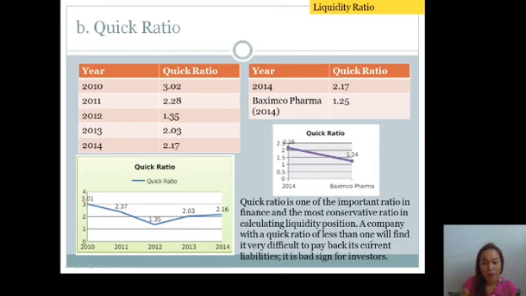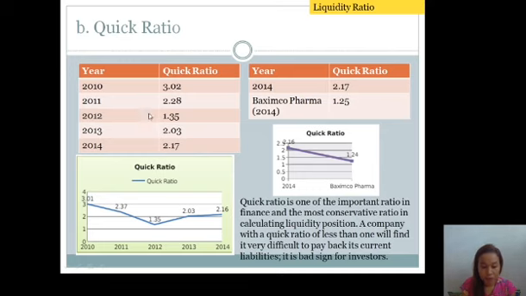Quick ratio is one of the important ratios in finance and the most conservative ratio in calculating liquidity position. A company with a quick ratio of less than 1 will find it very difficult to pay back its current liabilities. It is a bad sign for investors. Here, as you can see, it gradually decreased from 2010 to 2012 and increased from 2013 to 2014.